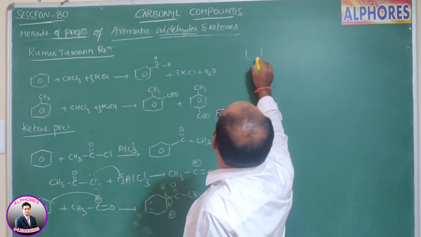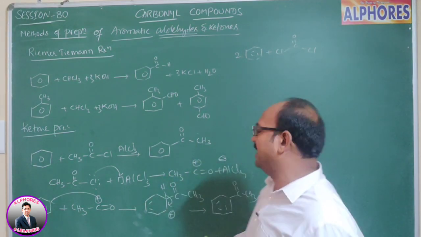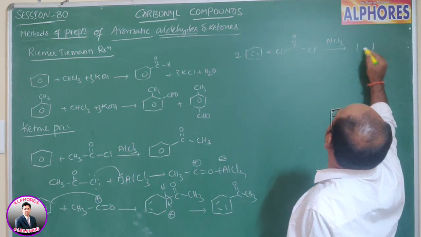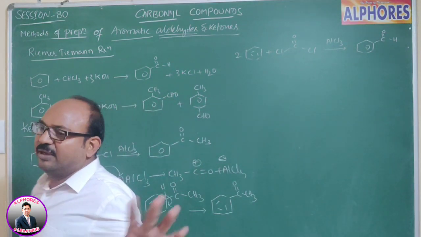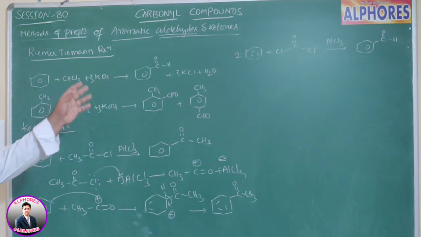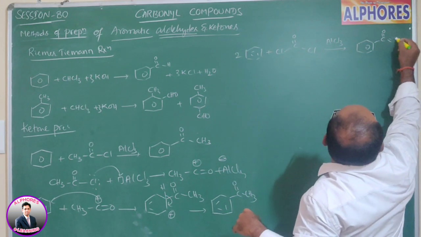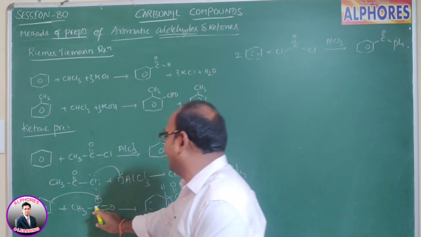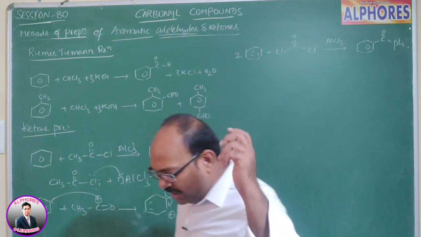And if we use 2 moles of benzene in reaction with phosgene, carbonyl chloride, in the presence of anhydrous AlCl3 catalyst, we also get benzophenone. So with acetyl chloride you get acetophenone, and with benzoyl chloride you get benzophenone.